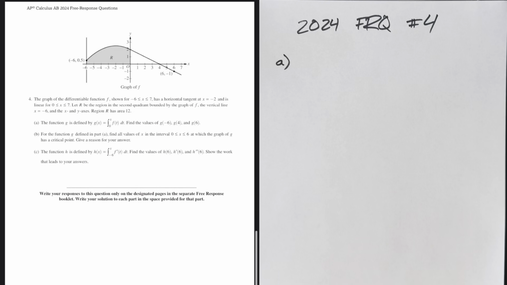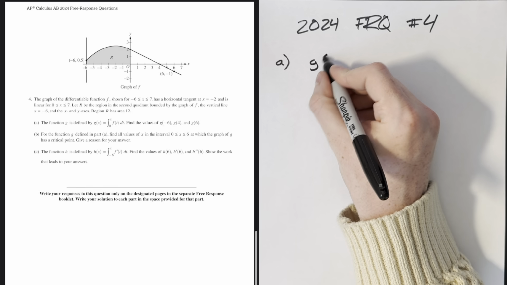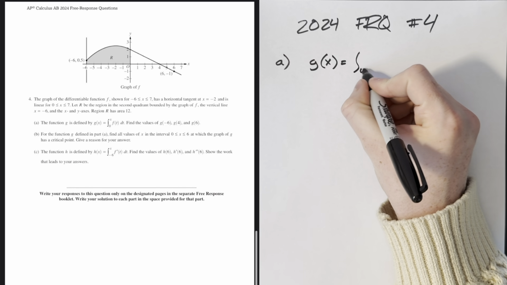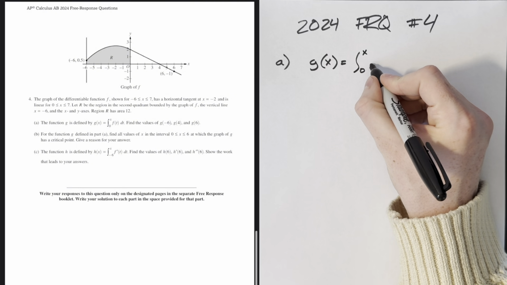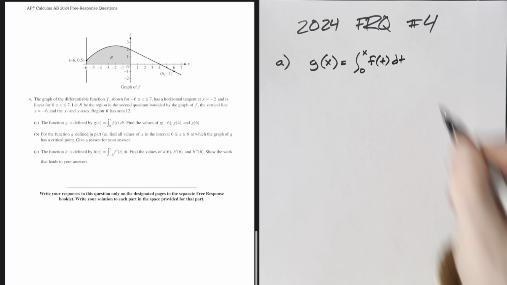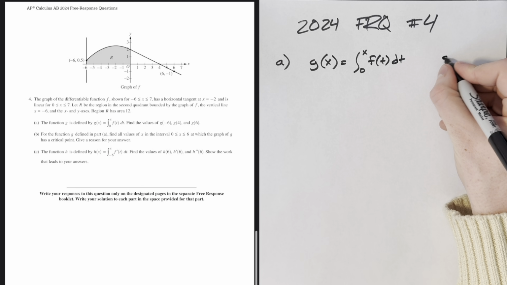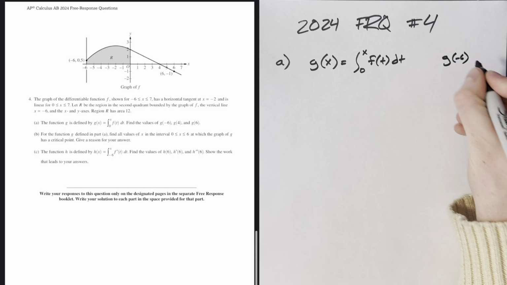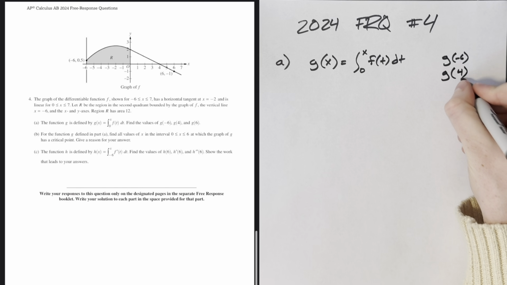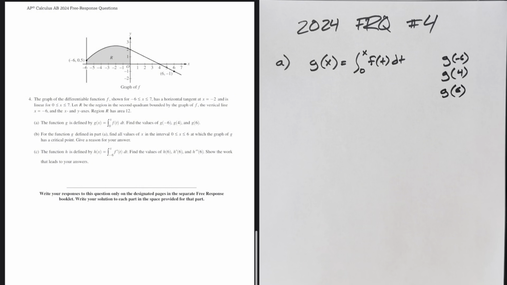Part A says that the function g is defined by g of x equals the integral from 0 to x of f of t dt. And it asks us to find a few different values: g of -6, g of 4, and g of 6.